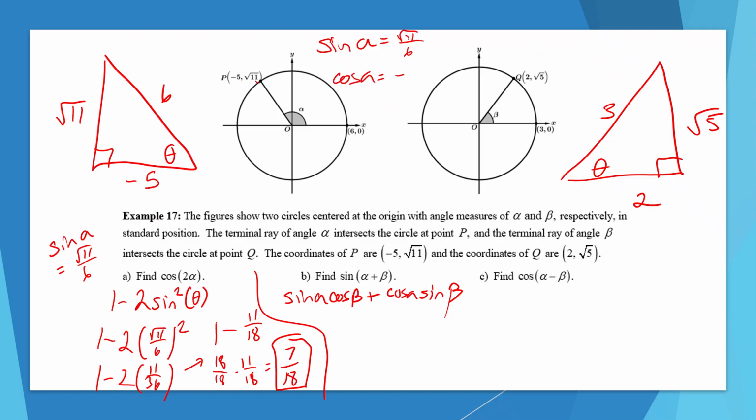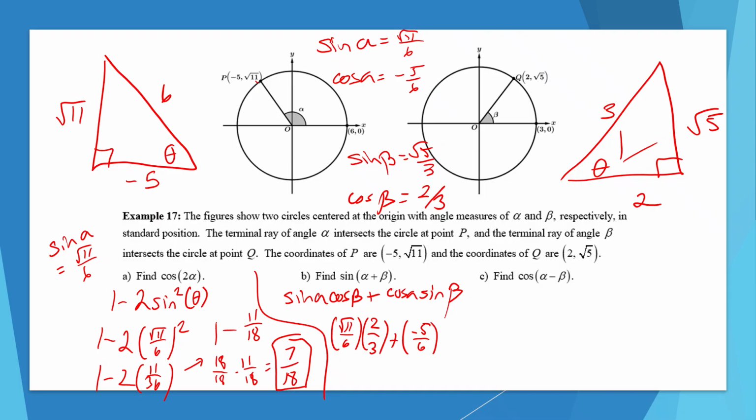Cosine A is -5 over 6. Here we have sine of B is opposite over hypotenuse, so root 5 over 3. Cosine B is 2/3. So plugging that in, we are going to get sine of A, which is square root 11 over 6, times cosine B, 2/3, plus cosine A, -5 over 6, times sine of B, root 5 over 3.